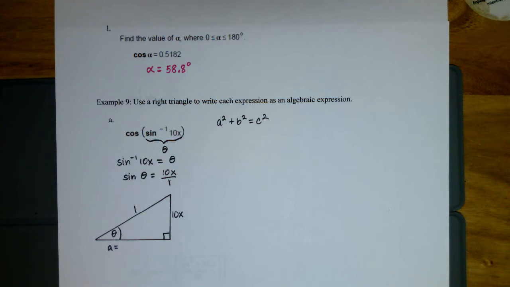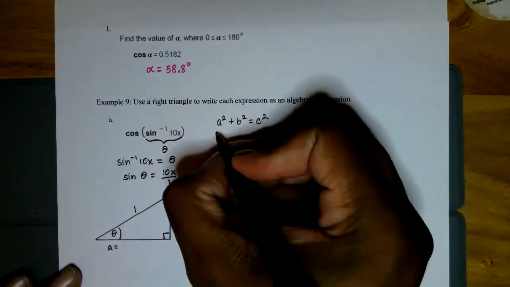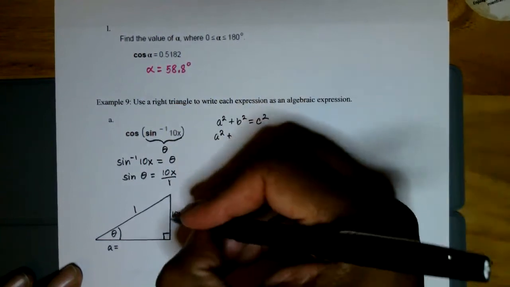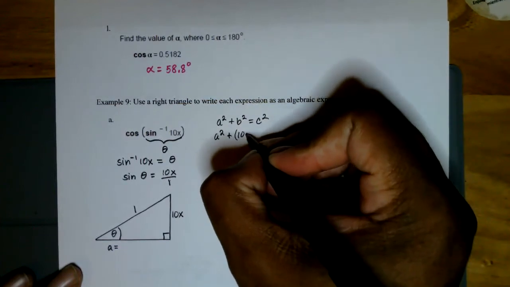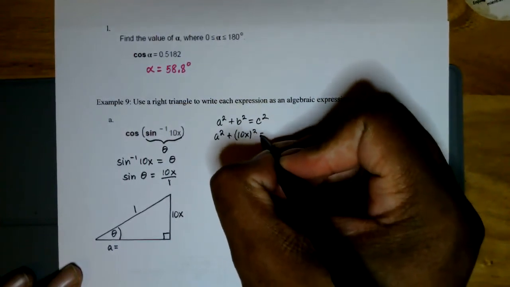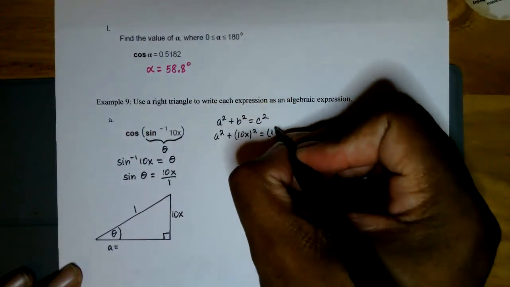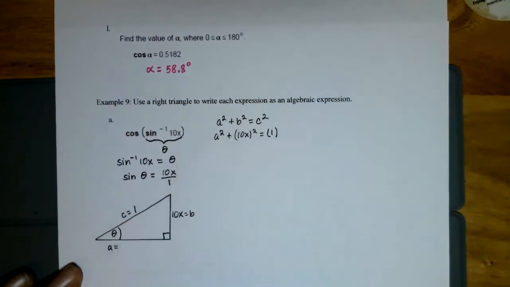And now we just do some substitution here. a is what I'm trying to find, so I'm going to bring down the a squared plus b, that's the length of that leg, that's 10x, so it'll be 10x squared, equals c, which is your hypotenuse. That's going to be 1. So this is b and that's c, by the way.